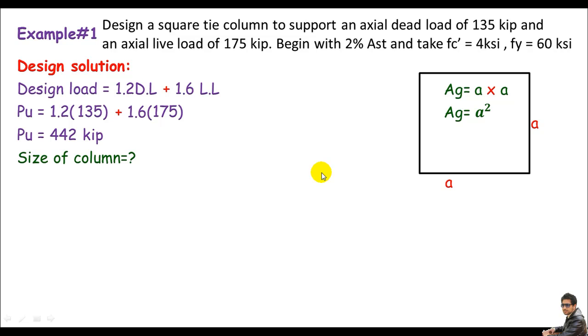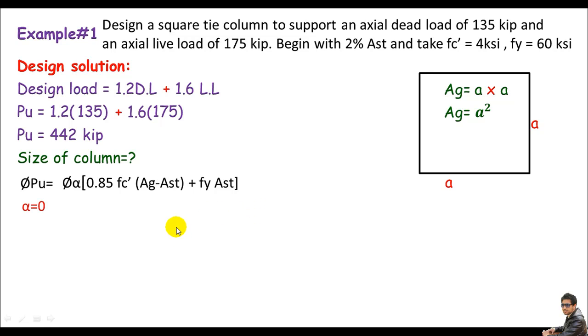Remember, from part 1 of this lecture, we have learned a nice formula for design load, which looks like this, right? PU equals theta alpha times 0.85 FC prime times (AG minus AST) plus FY AST.